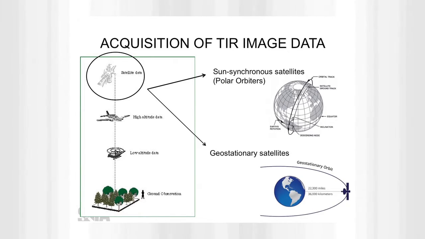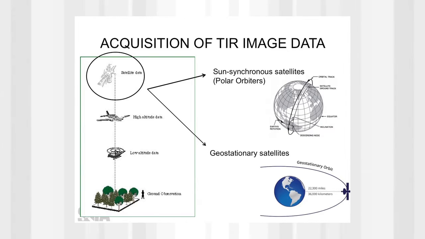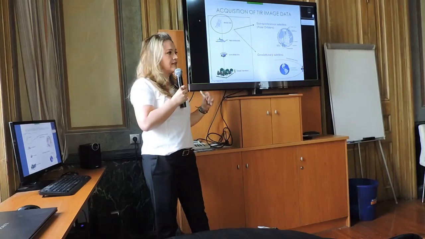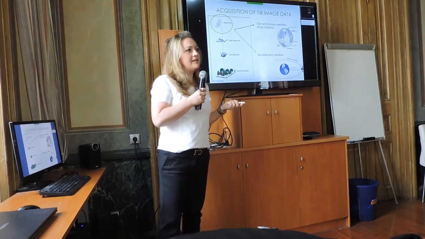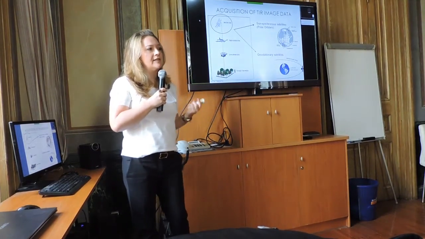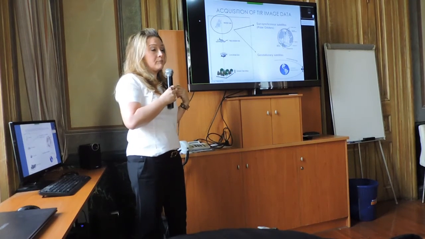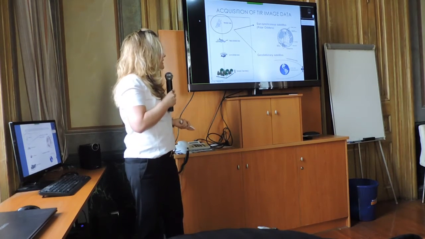And surprisingly, the system I'm going to be showing you later on is based on data from geostationary satellites. It's not based on data from polar satellites. I believe that most of the applications that we have done until now are based on polar satellite data.